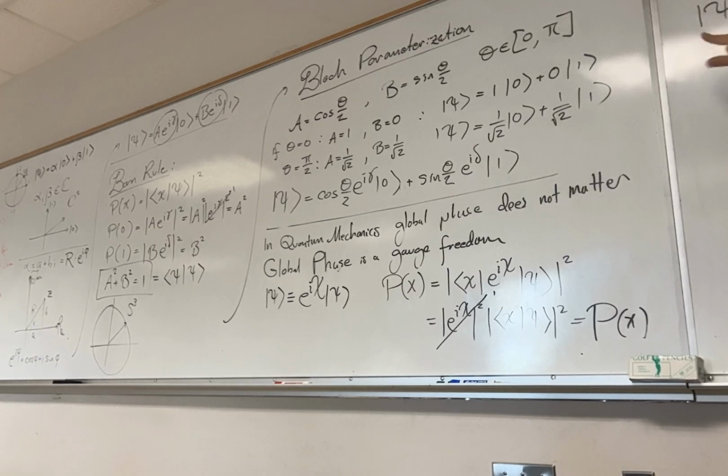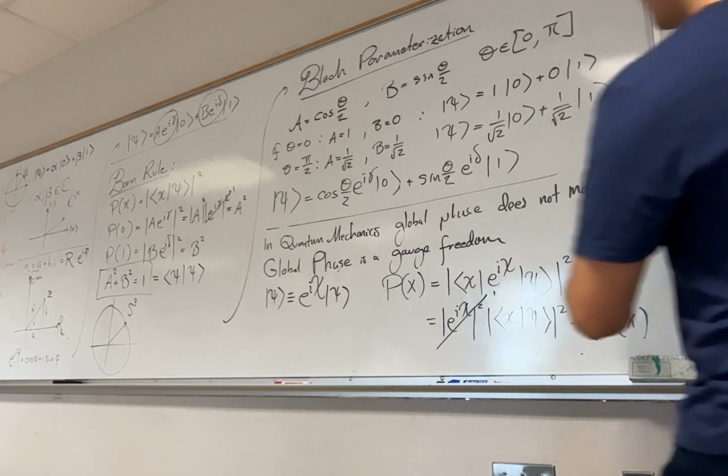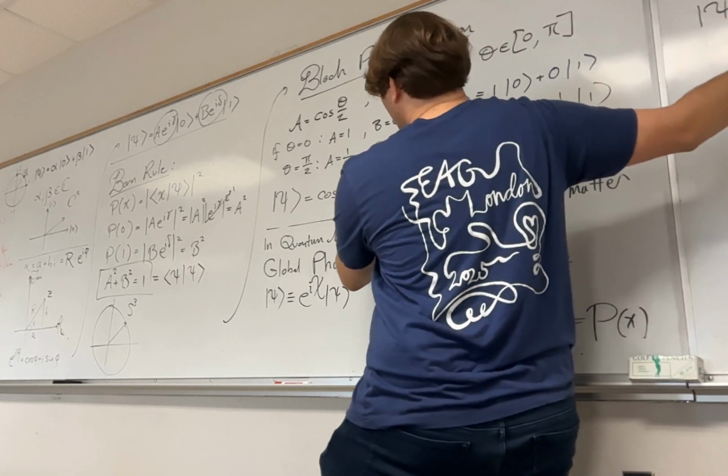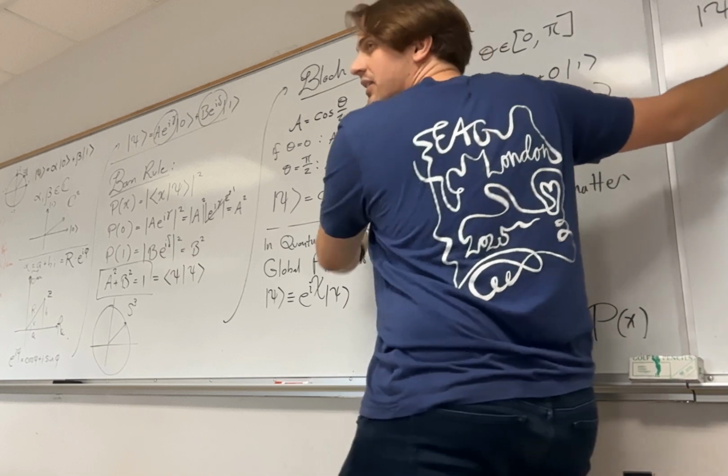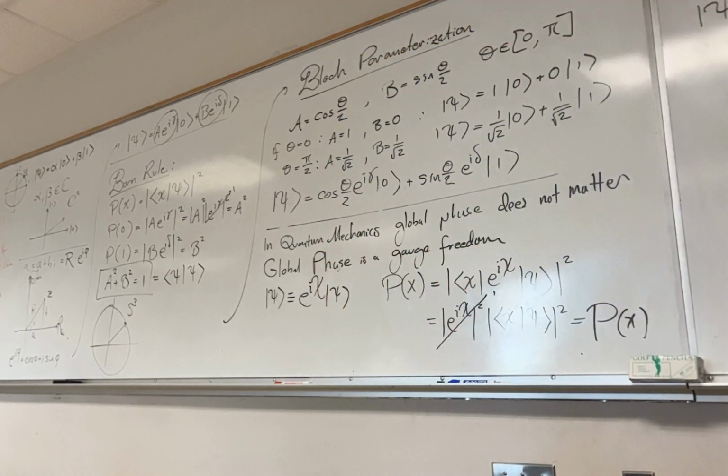So these two are equivalent. And here, let me substitute what I just wrote. And I get cosine theta over 2. The e to the i gamma here is multiplied by my e to the minus i gamma. E to the 0, just 1. So that drops out. That was the point of this. And then I get sine theta over 2, e to the what?